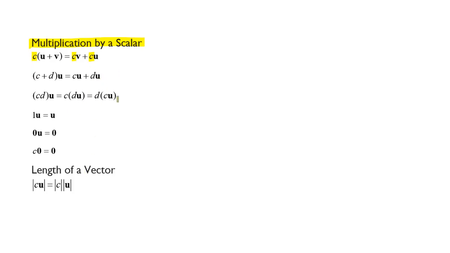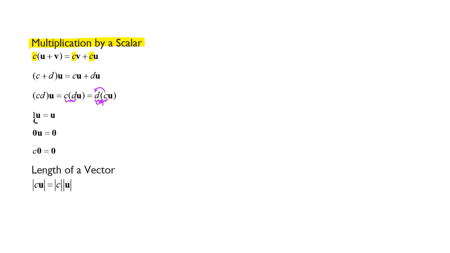If you add them together, you get the same thing. Also, if you take two scalars and multiply them together, it's the same in different orders because multiplication is commutative, meaning you can change the order of C and D in this example, and it will come out with the same thing.